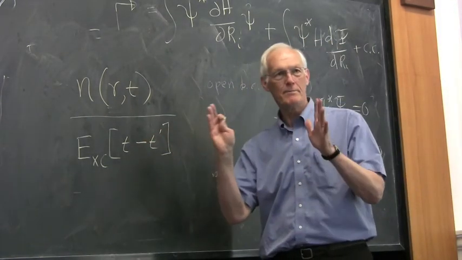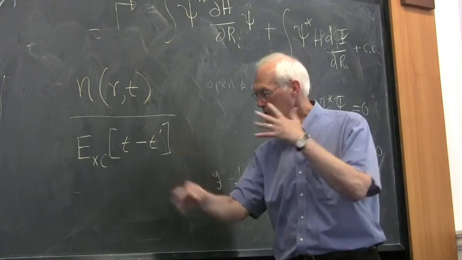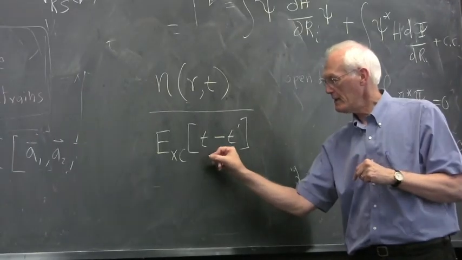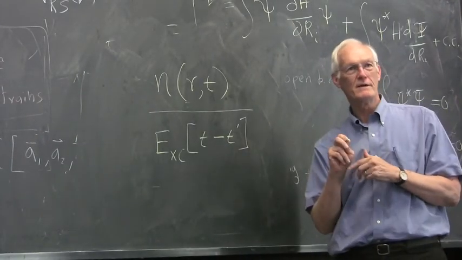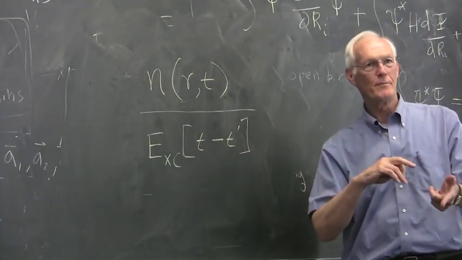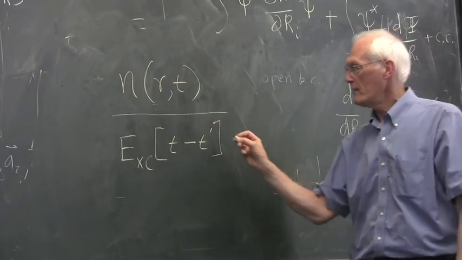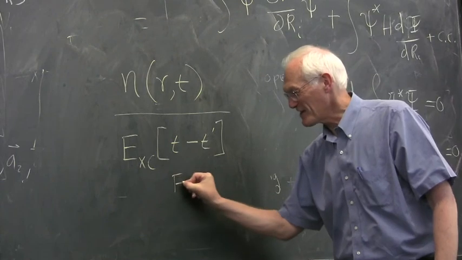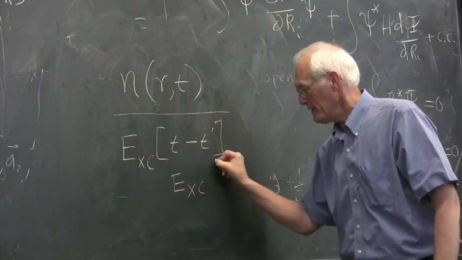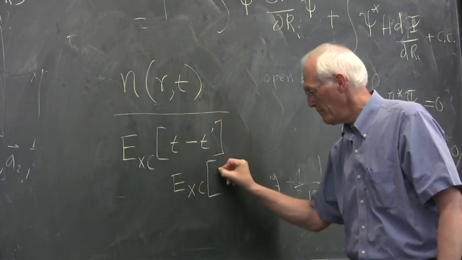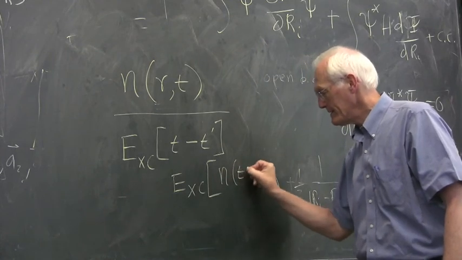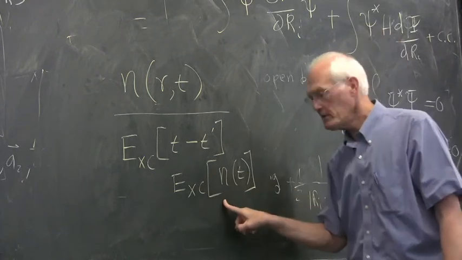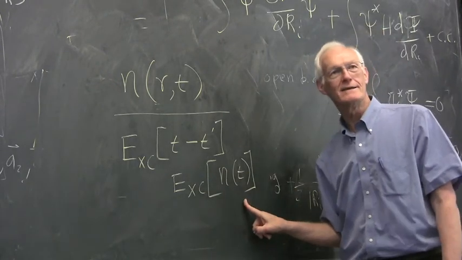But if we really put in the true internal workings of the exchange correlation, it must be a function of time difference. So if we assume this is just a constant, then it's still a function of the density at that time. So it's the same functional form, but the density inside it has changed.